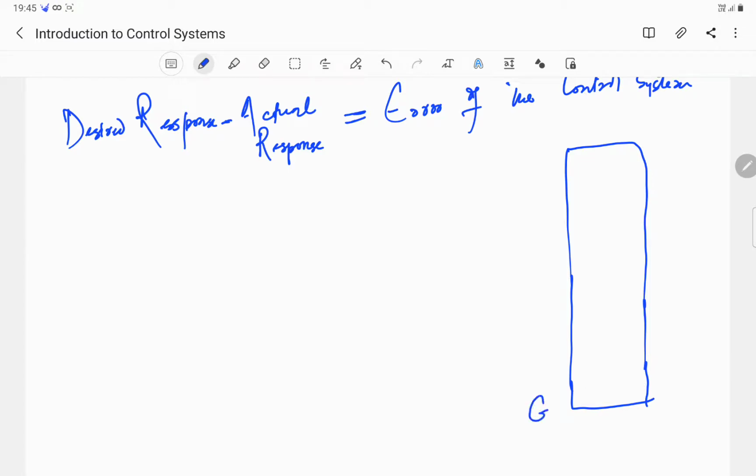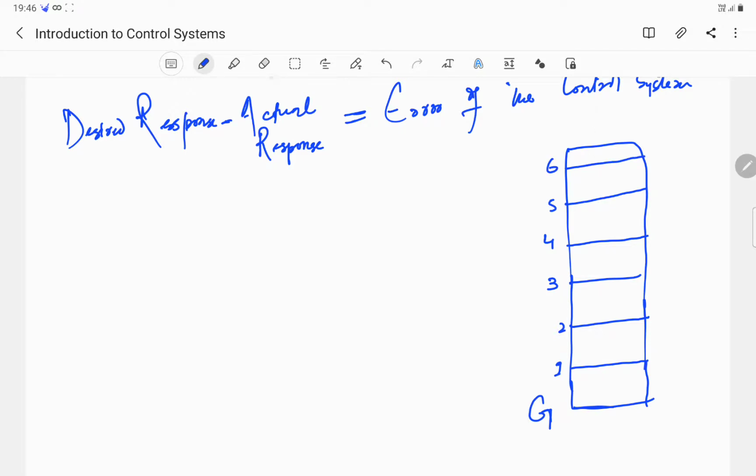Let's assume this is the ground floor, G for ground floor. Then we have the first floor. This example is from the first book, Norman S. Nise. So this is the first floor, the second floor, third floor, fourth floor, fifth floor, and then the sixth floor, for example.